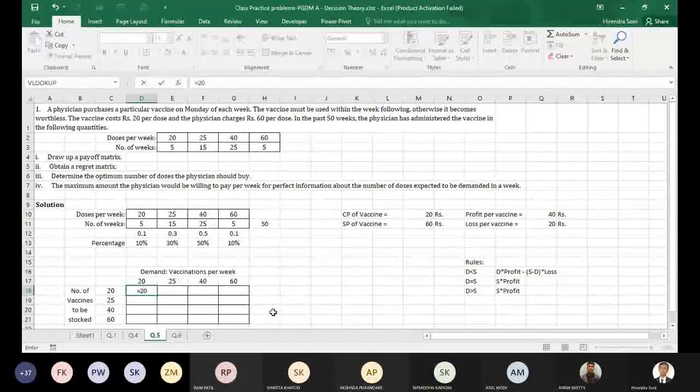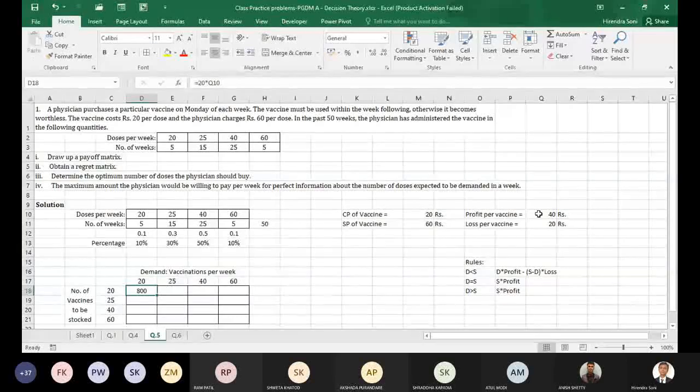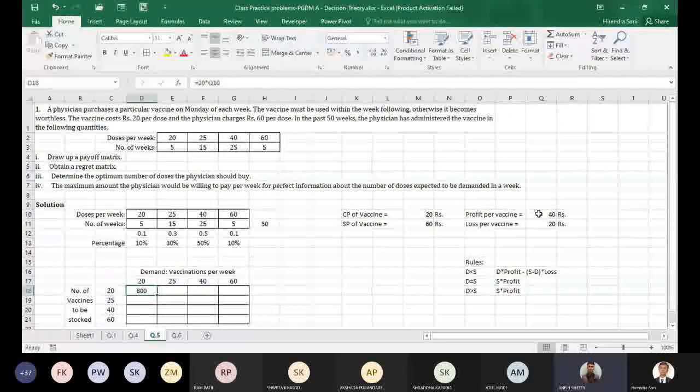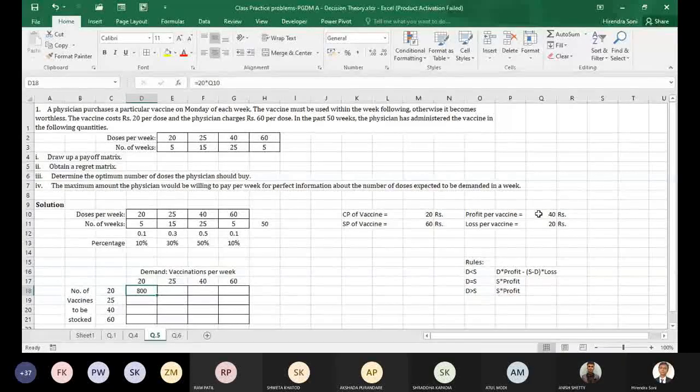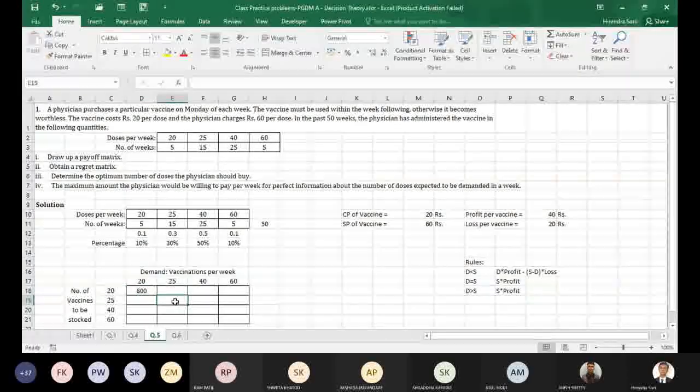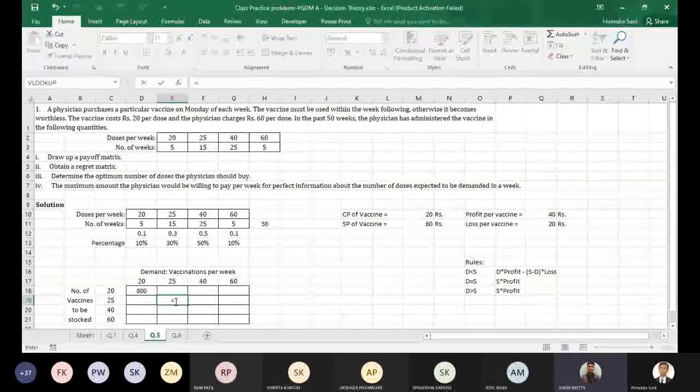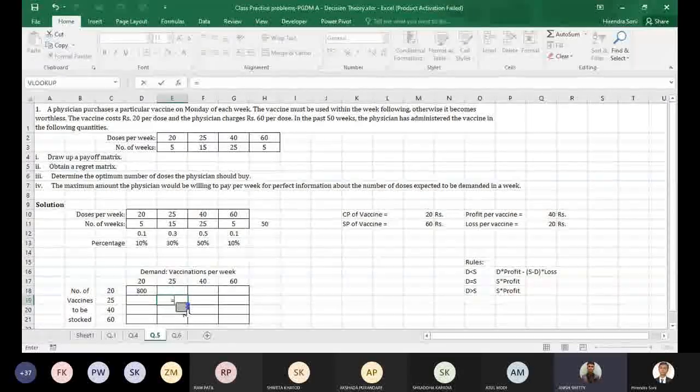Yes, sir. What about this? It would be equal to... Sir, 25 into 40 आएगा क्या इसमें? 25 into 40.